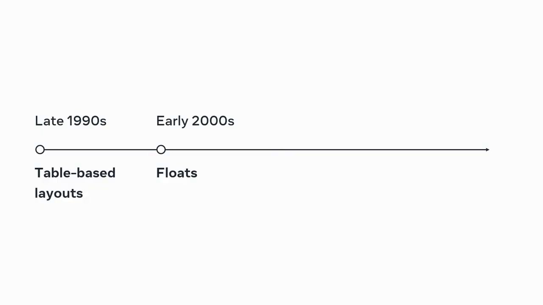Floats were popular for quite some time. However, because they were not intended for building web layouts, proper layout syntax was still needed in CSS. With the consensus that something better was needed in the early 2010s, there were a few attempts at introducing the CSS Flexible Layout Module specification, or Flexbox layout, which is a one-dimensional layout technique used to arrange items in rows or columns.